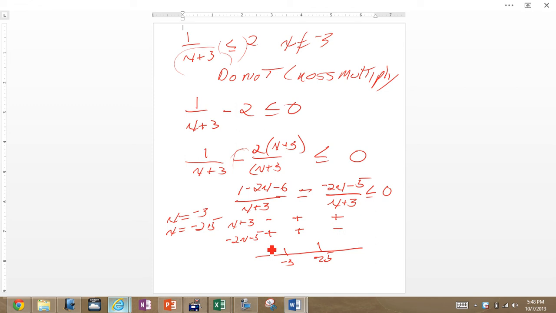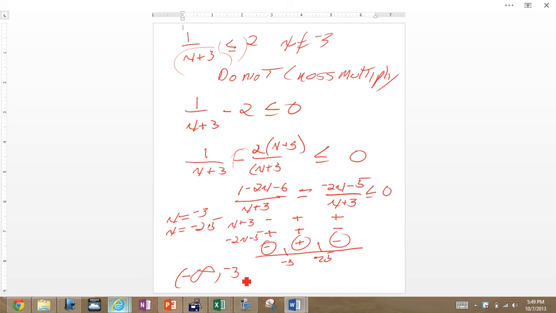So what do we got? We've got the product, or in this case a quotient, but the same rule, okay? Unlike signs will produce a negative. Like signs will produce a positive. Unlike signs will produce a negative again. So what do we conclude on this? We conclude that this expression is less than or equal to 0 on the interval running from negative infinity up to negative 3.